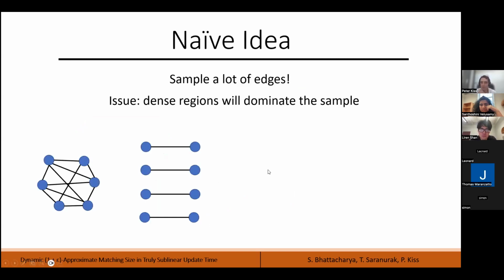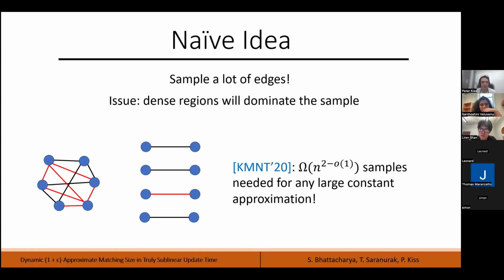So if a graph looks something like this, a big clique and then a sparse part, then if you sample, you will rarely hit the place where the matching is coming from. It's not going to be very representative. You need to do something smarter. In fact, it's not easy to show, but it has been shown that you cannot get polynomially fewer samples than the number of edges to get an approximation this way.